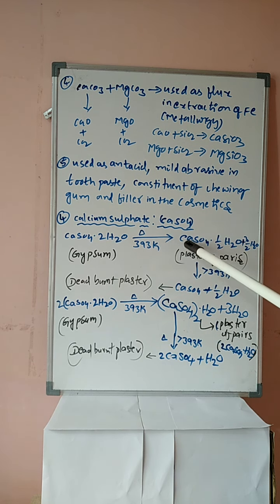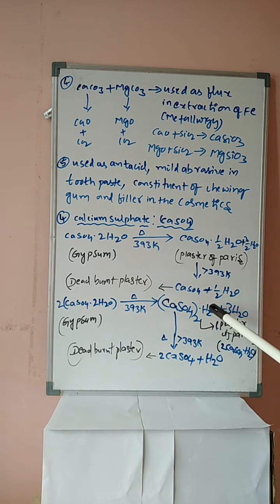From the examination point of view, which of the following represents plaster of Paris? At that time they do not give calcium sulfate hemihydrate; they give this one. We are searching for where the half water molecule is. Not only this one, CaSO4 half H2O, it is also plaster of Paris, 2 CaSO4 half H2O.